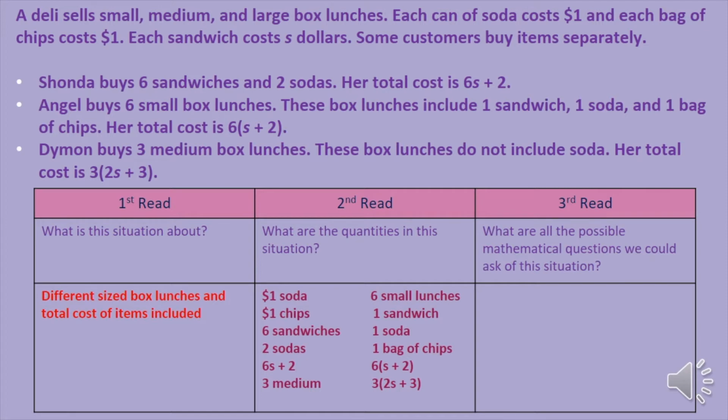All right, let's look at the third read. Now we're going to read the problem one more time. The third read is to think about all the possible questions we could ask about this situation. This time, I'm going to let you read the problem by yourself.